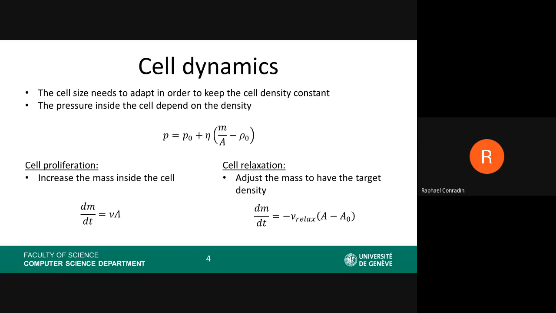When the cells are not proliferating, the cells are relaxing. So we can have something like that in order to go to the target density. If the area of the cell is too high, the mass will reduce, and if the area is too low, the mass will be added.